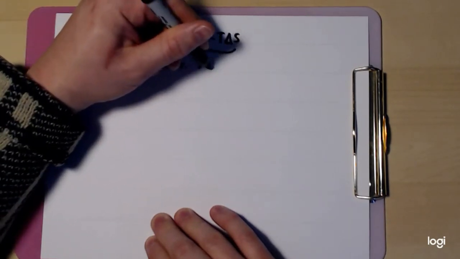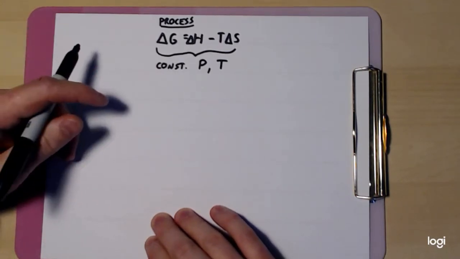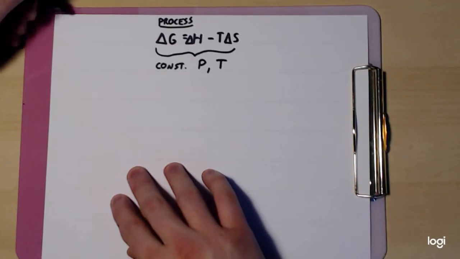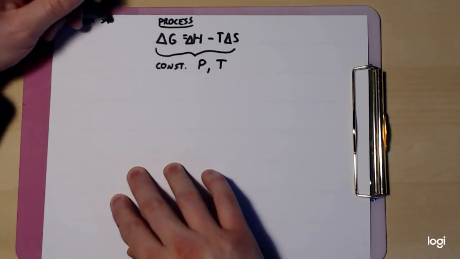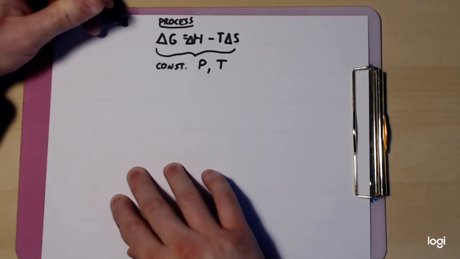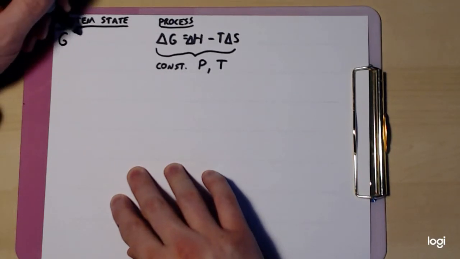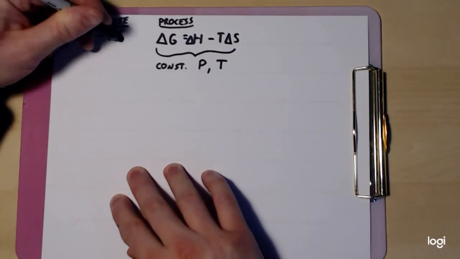But this can also be rewritten to express the Gibbs free energy that's contained within a system state, simply by removing these deltas. And so at any given point in time, a system's Gibbs free energy can be obtained by simply stating G equals H minus TS. The Gibbs free energy equals the enthalpy of the system at any time minus the temperature multiplied by the entropy.